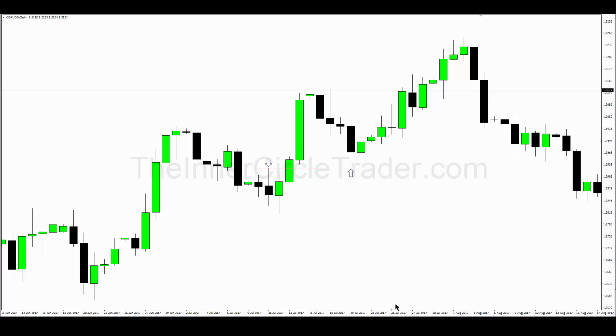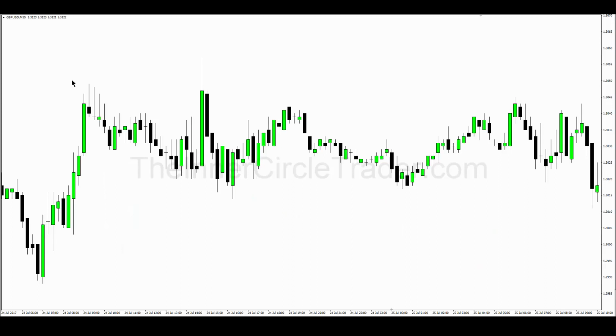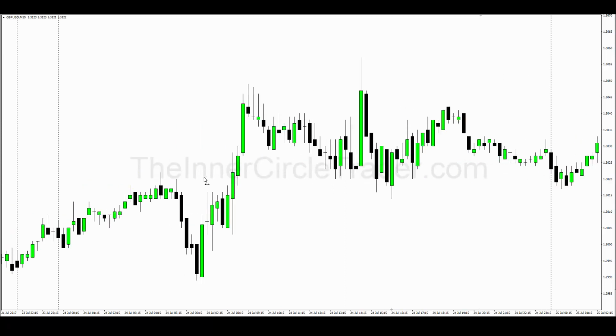Right there. Okay, and we're going to drop down into a smaller time frame. We'll use a 15-minute time frame. I'll just scrunch this up and put the day dividers in so you guys can see it. So previous day's high is right here.